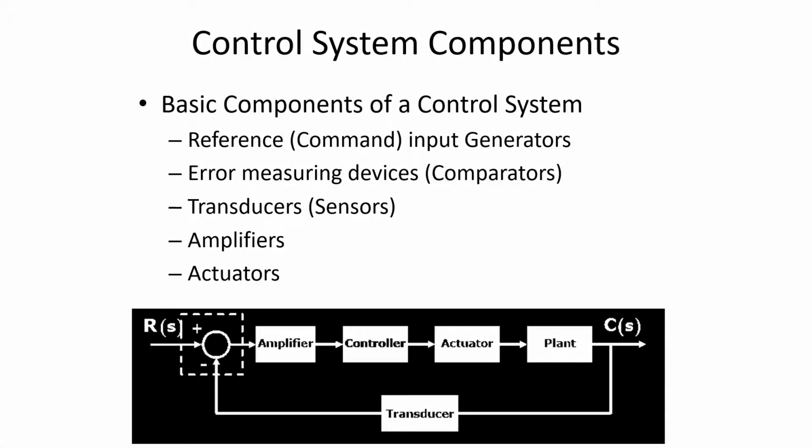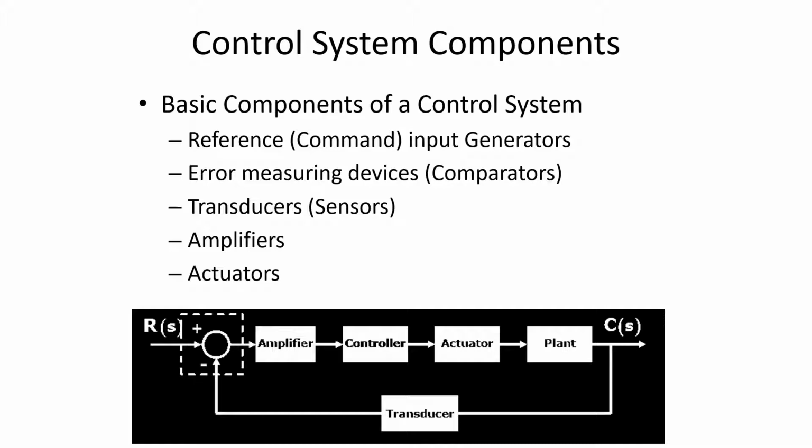Control system components. The various components of a control system are reference input generators, error measurement devices, transducers, amplifiers and actuators. The reference input generators are used to set the reference input. So this is the reference according to which the output needs to be generated.